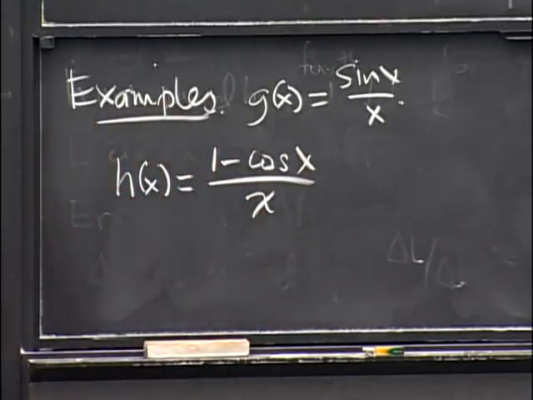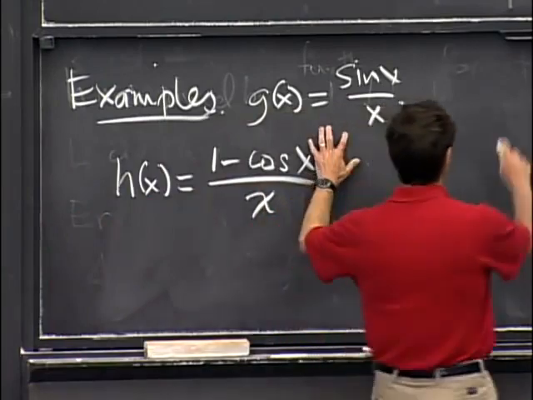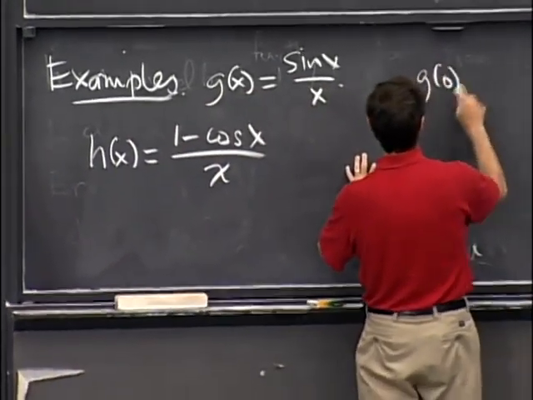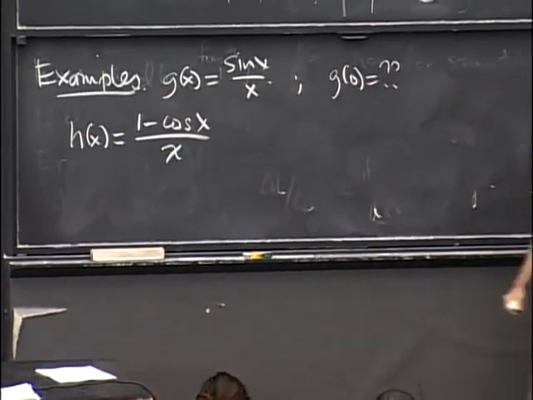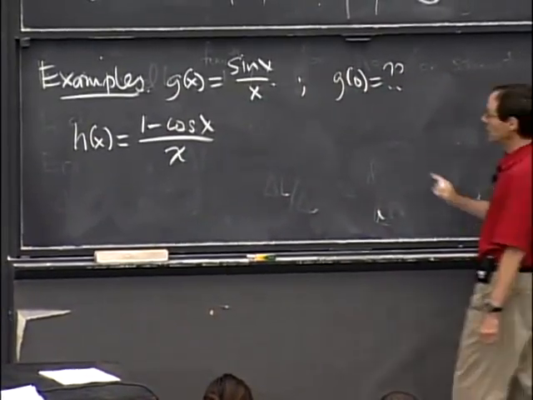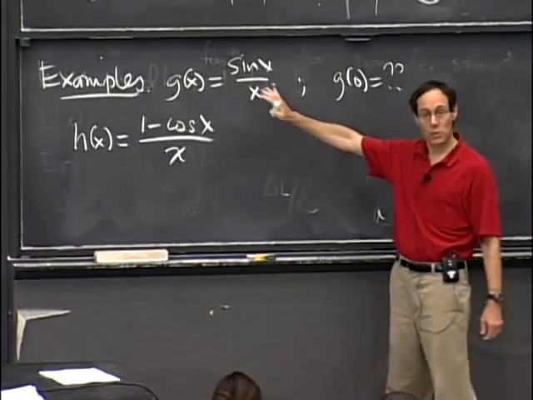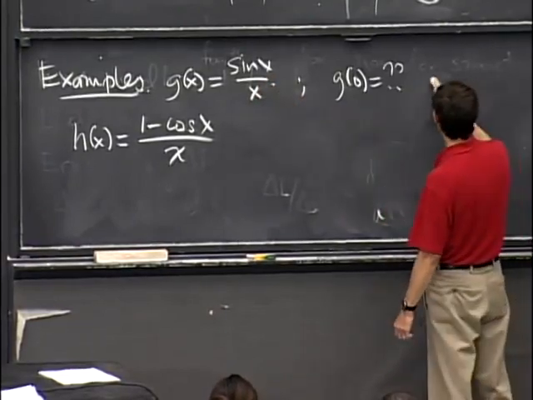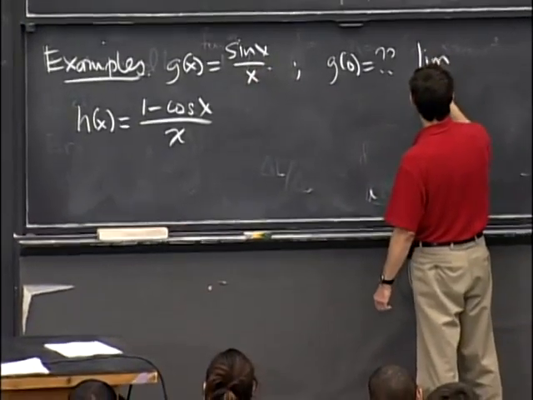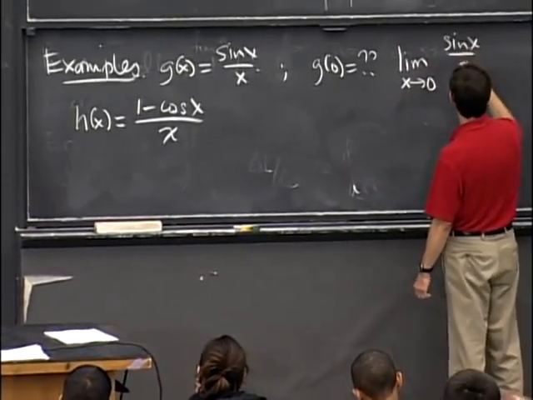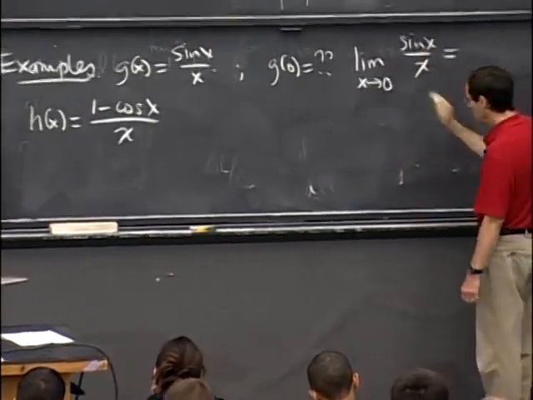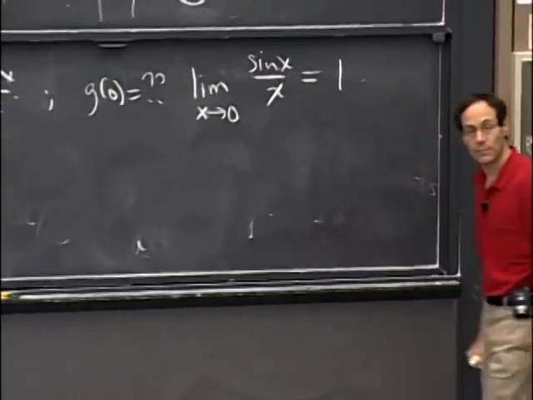So we have a problem: g of 0 is undefined. On the other hand, it turns out that this function has what's called a removable singularity, namely the limit as x goes to 0 of sine x over x does exist. In fact, it's equal to 1.